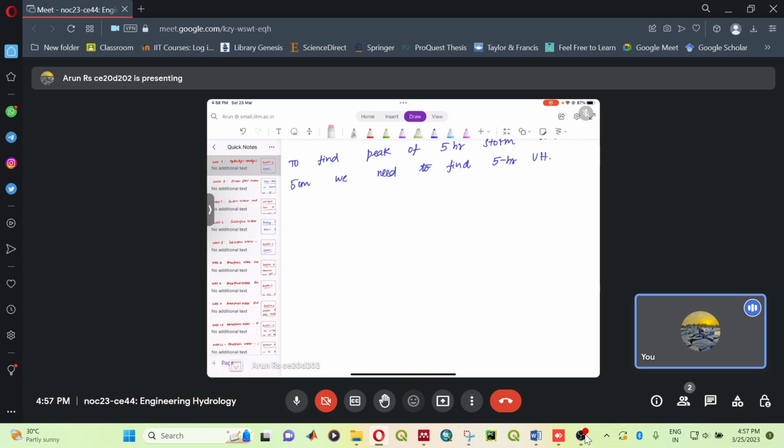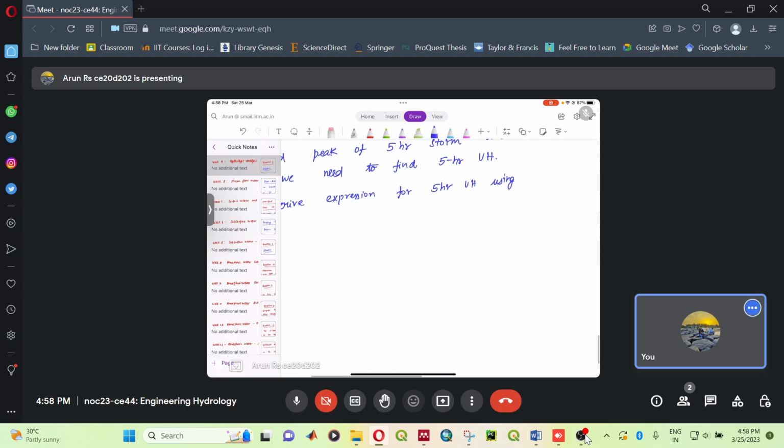So the first task is to derive the expression for a 5-hour unit hydrograph using the S-curve method.